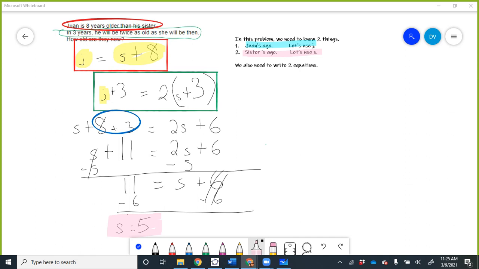We could use either the green box or the red box. Both will work. If we use the green box, I'm going to write what's in the green box, which is J plus 3 is equal to 2 times S plus 3.